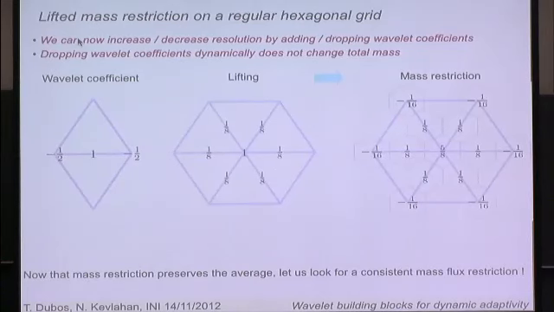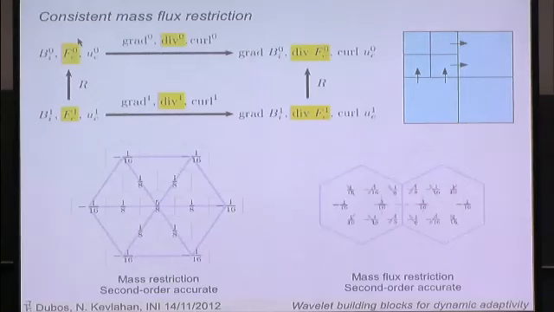Okay, so now we preserve mass, so we can hope to find a consistent mass flux restriction. I just give the result. It looks like this. Okay, there's nothing magical. There's some details in the paper. But basically, now we also achieve the same thing as we had on AMR, despite the fact that the small hexagons overlap with the large hexagons.